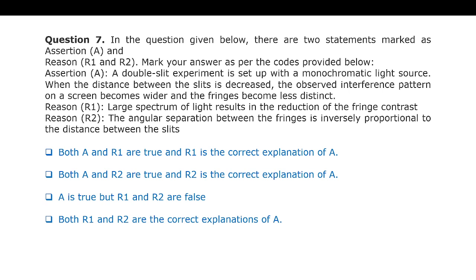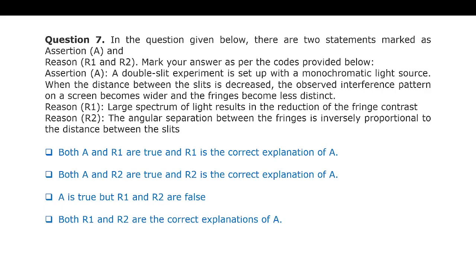Okay. So now question number 7. In the question given below, there are two statements marked as assertion A and reason R1 and R2. Mark your answer as per the codes provided below. Assertion A: a double slit experiment is set up with a monochromatic light source.